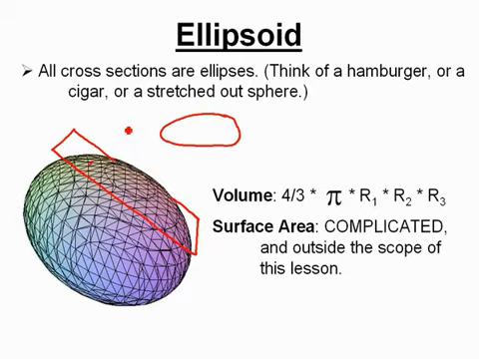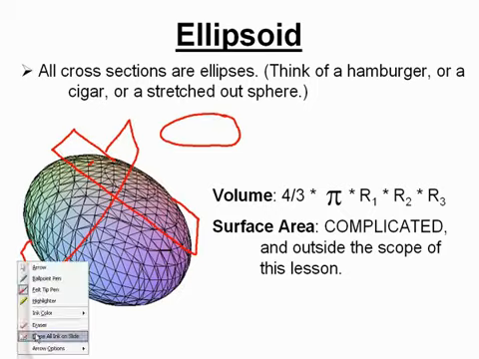And if I cut it like this, the cross-section would also have an ellipse shape. No matter how I cut it, I'd always get an ellipse as the cross-section.